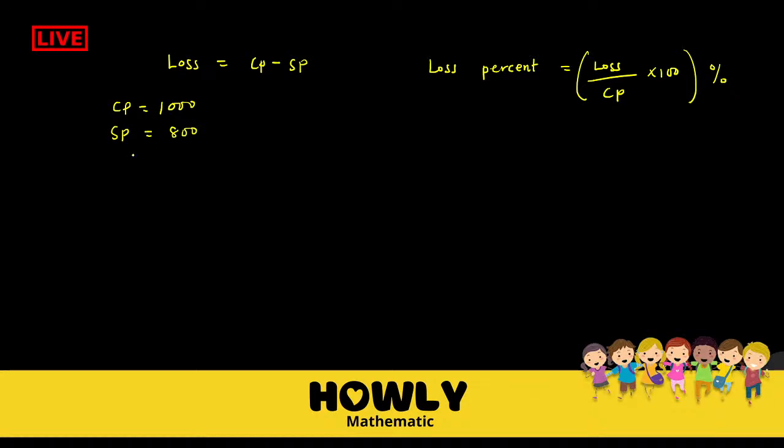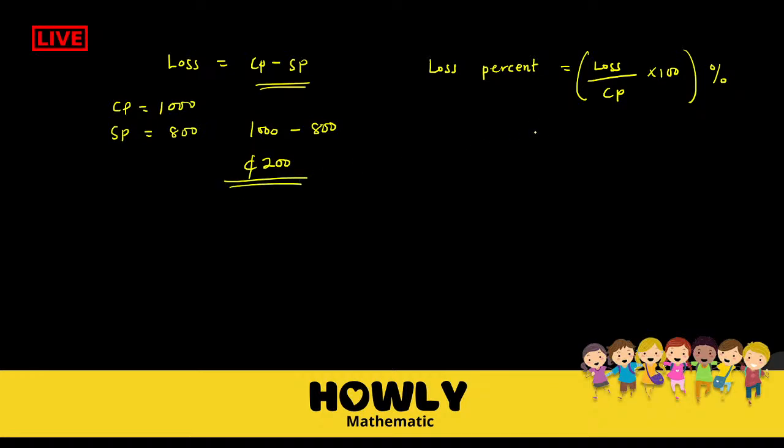All we need to do is find our loss, which is cost price minus selling price. This obviously is 200 Ghana cedi. So Kofi made a loss of 200 Ghana cedi.